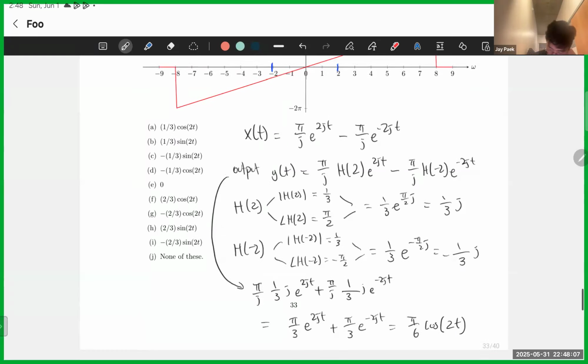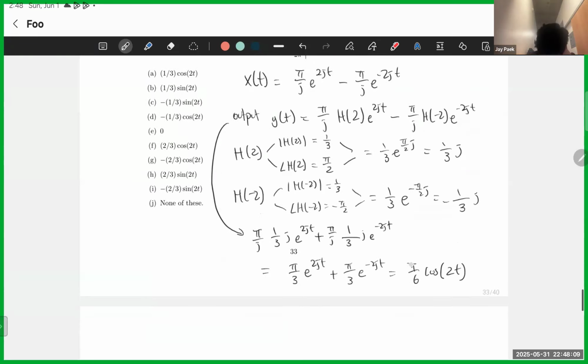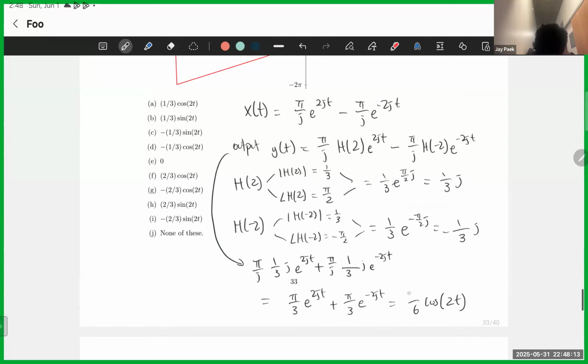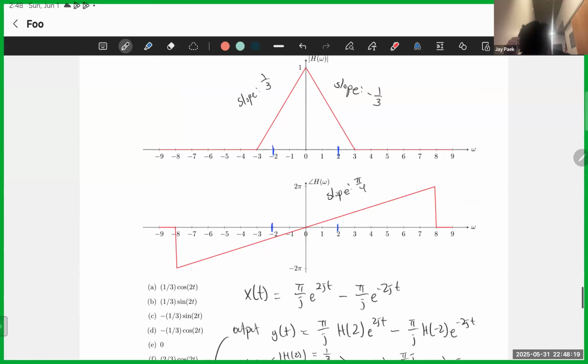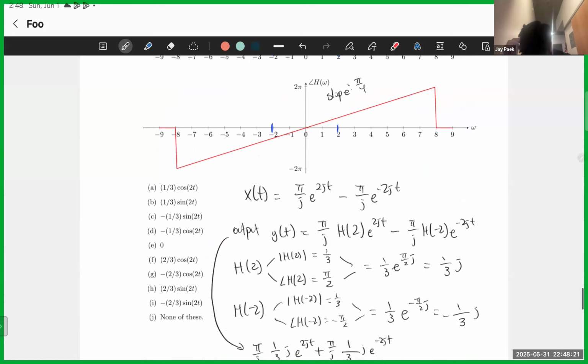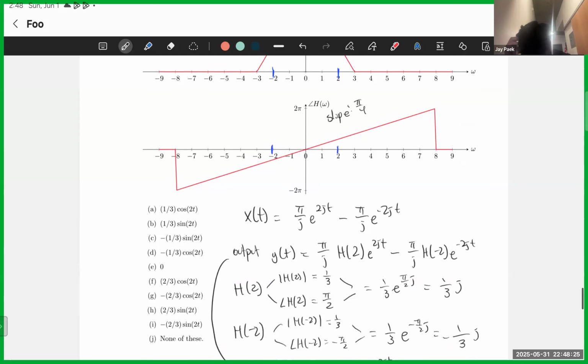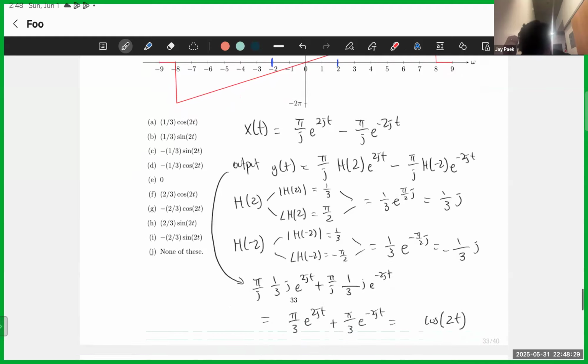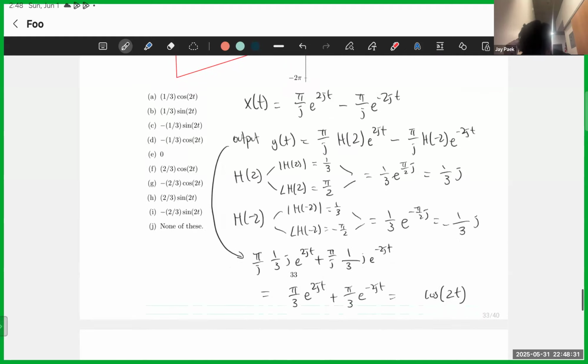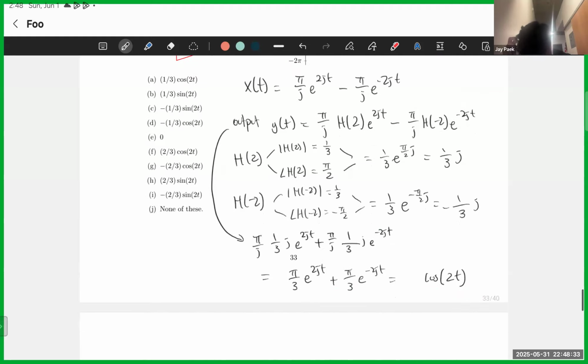Therefore, we can obtain our answer. Oh, sorry, that should be, wait, hold up. What did I mess up? Pi over 4, that's good. Slope is pi over 4. That's fine. Pi over 2, that's good. Wait, actually, no, I think I'm fine. Pi over 3.